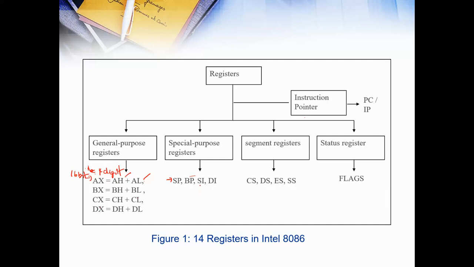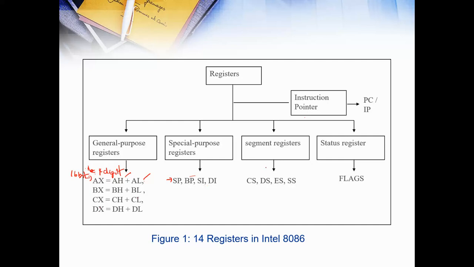Then DI is the destination index, normally the address of the destination for string operations. Mostly they hold addresses.